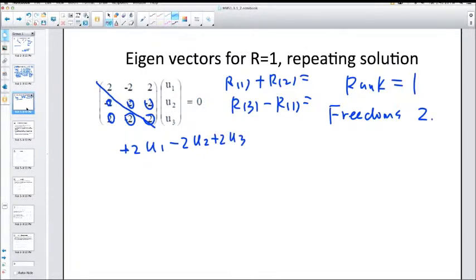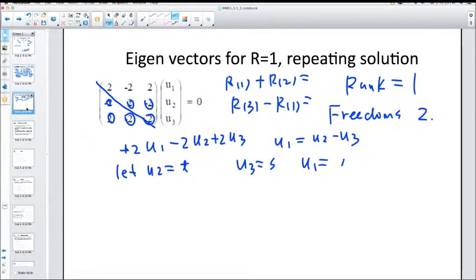Okay, that's positive. And take 1 away: u1 equals u2 minus u3. You got 2 freedoms. I can let u2 equal t, u3 equal s, then u1 equals t minus s.